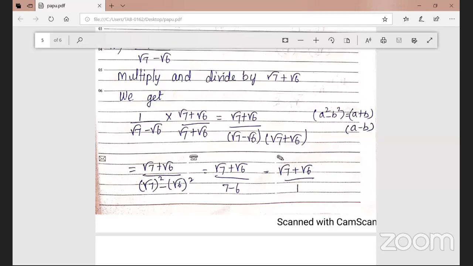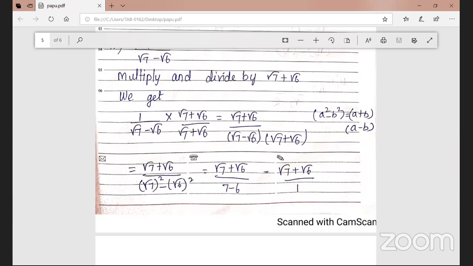The denominator should be in the form p by q, and q is not equal to 0. So they have given root 7 minus root 6. The denominator is root 7 minus root 6.